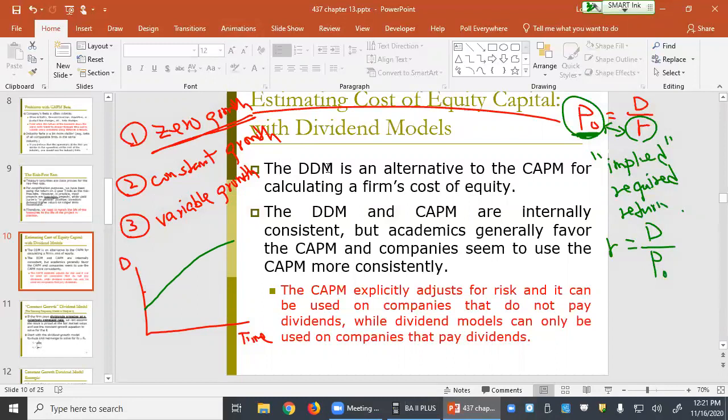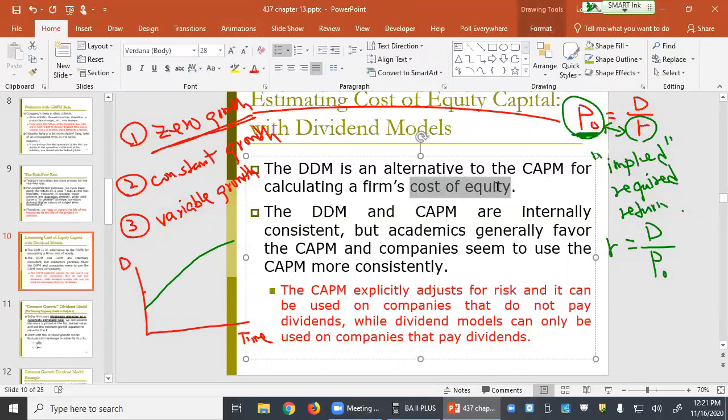So the dividend discount model is an alternative to the CAPM for calculating the company's cost of equity, but we do have 3 dividend models, okay? So which one is appropriate? Well, it depends on how the dividends are behaving. So the dividend discount model and CAPM are internally consistent, okay?